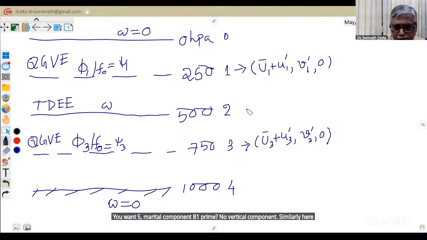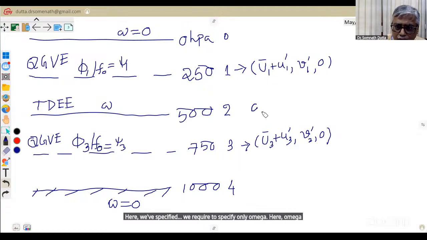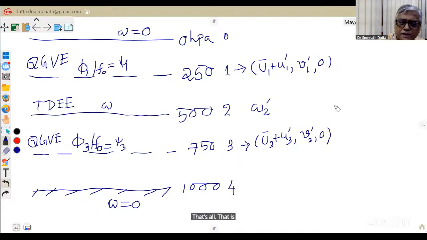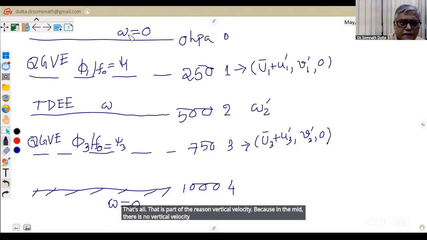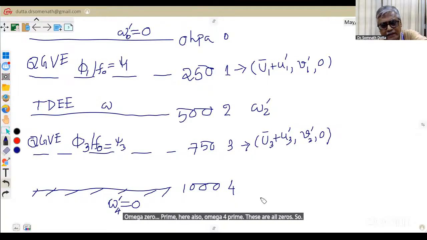And here we require to specify only omega, that is only omega 2 prime, the perturbation vertical velocity, because in the mean there is no vertical velocity. Similarly omega 0 prime and omega 4 prime are all 0. So in this way it is set up.